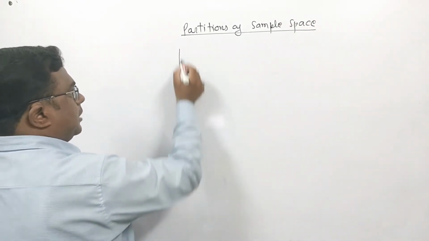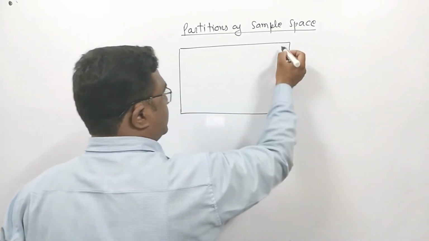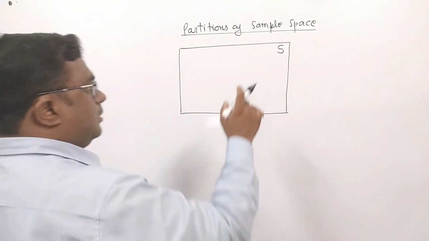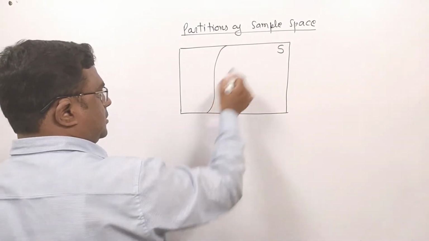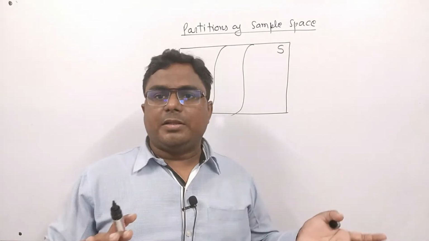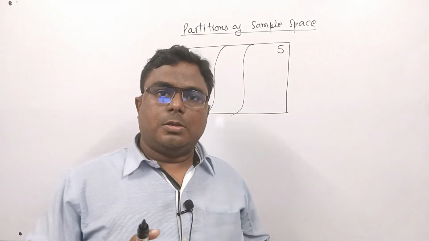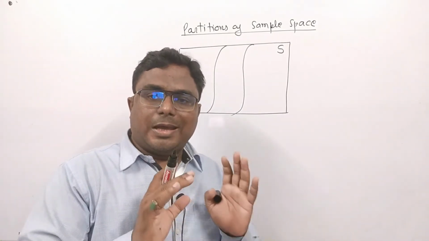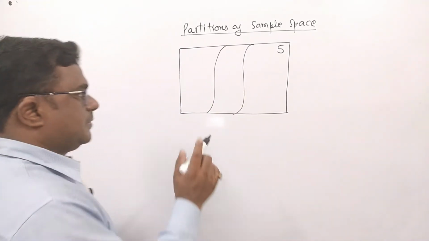Suppose this rectangle is representing a sample space of some random experiment, and let us split this sample space in suppose 3 parts. Number of parts is not fixed. You can break the sample space in 2 parts, 3 parts, or 4 parts, according to requirement of the question. But to explain in an easier manner, I am splitting the sample space in 3 parts.